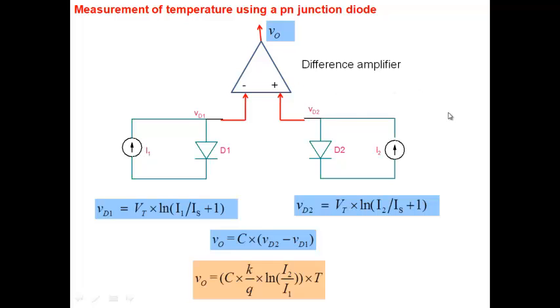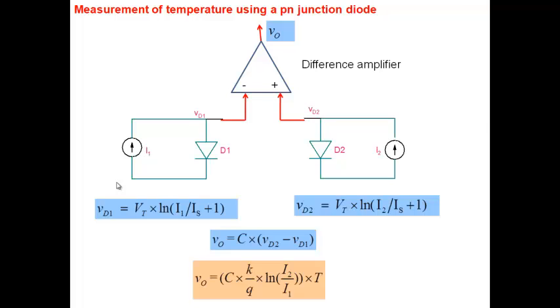But suppose I don't want to use two diodes. Can I work with one diode? Let me throw a challenge to you. The problem with this circuit is IS1 is different from IS2. One way is I'm going to build a circuit not with two diodes, with one diode itself. Can I do that? With one diode only.